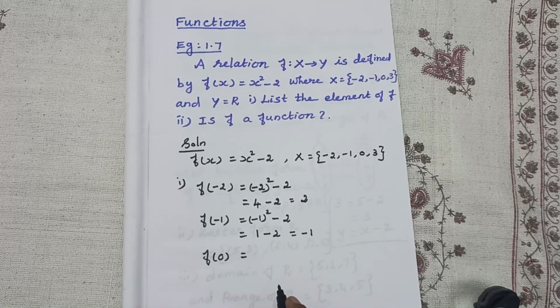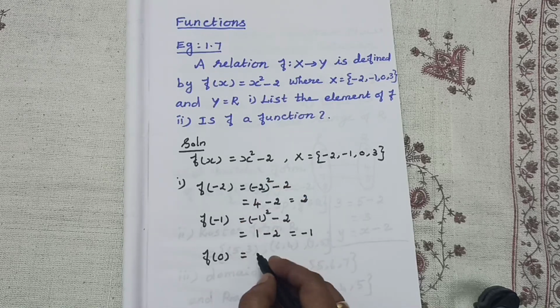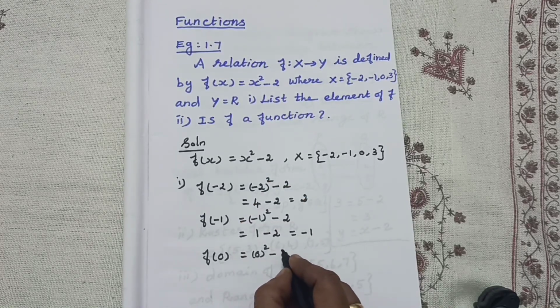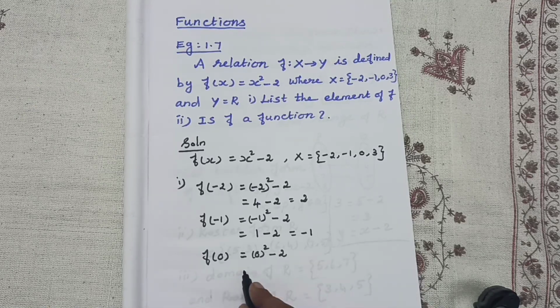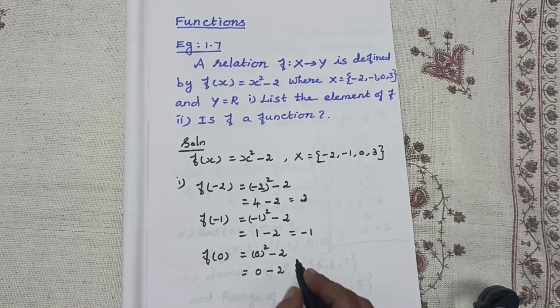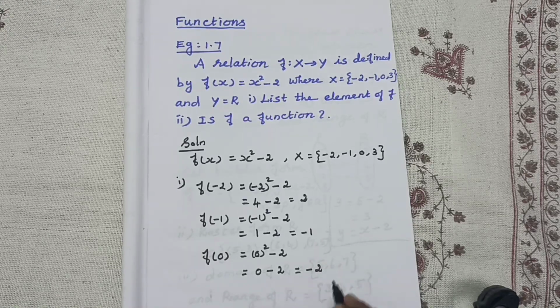Then the third element, f of 0. f of 0 is equal to 0 the whole square minus 2. 0 the whole square is 0, minus 2. 0 minus any number gives that same number, so 0 minus 2 is minus 2.